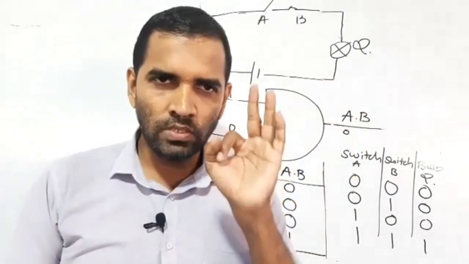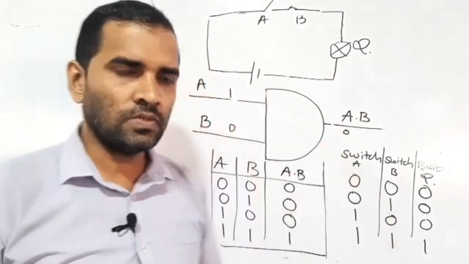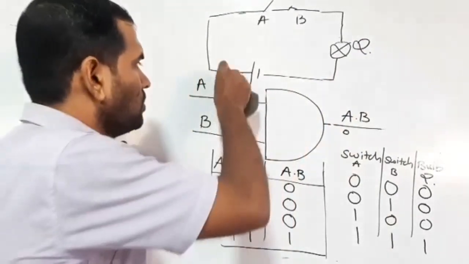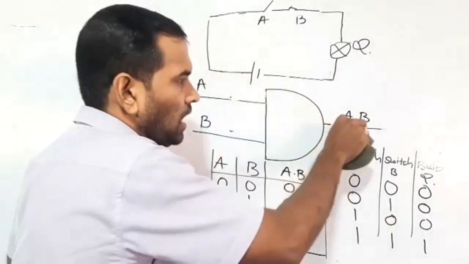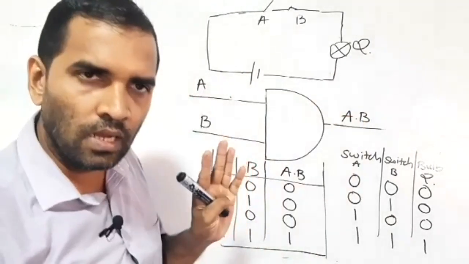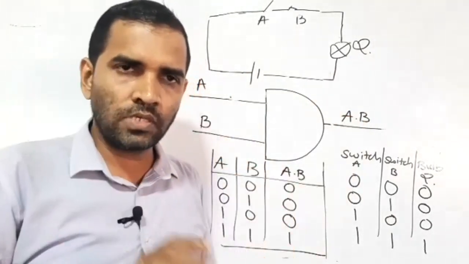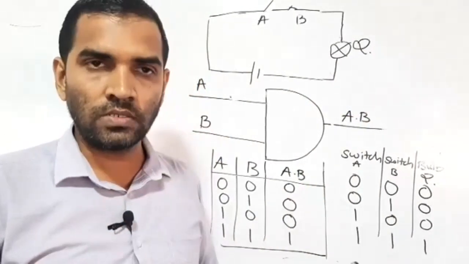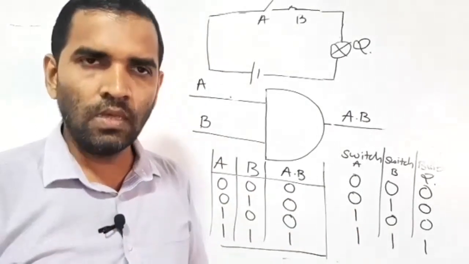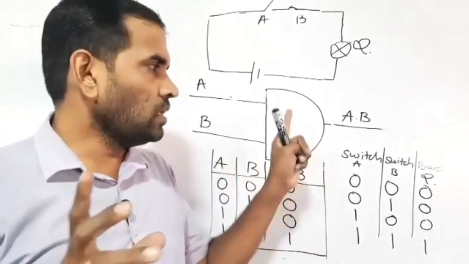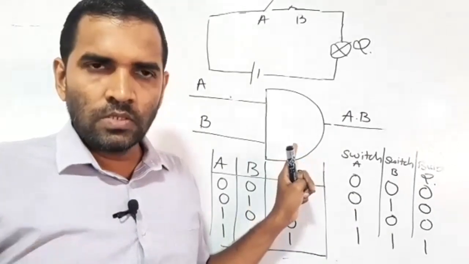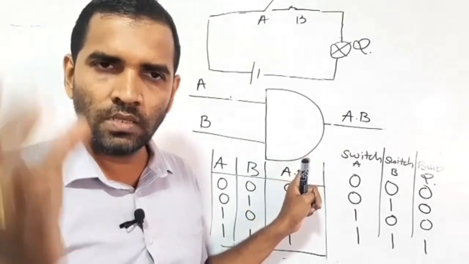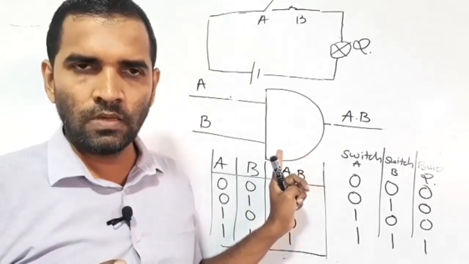As a student, what you have to understand here is that this is just a symbol. The real AND gate is different. It is built using several electronic components, diodes, transistors, and so on. We just show the symbol, so we are unable to understand the function of the gate from it.